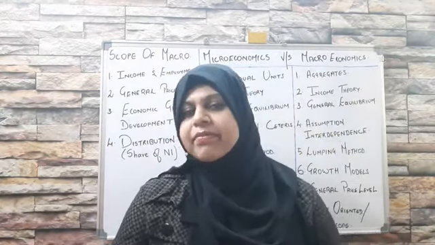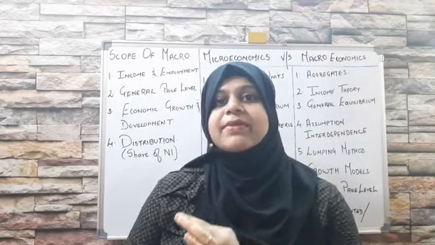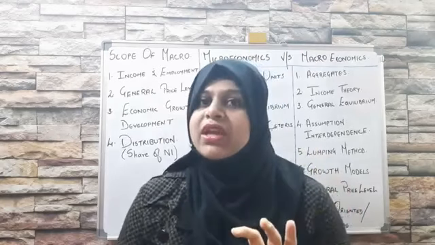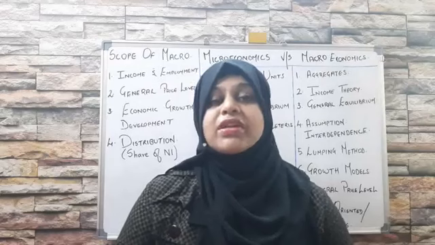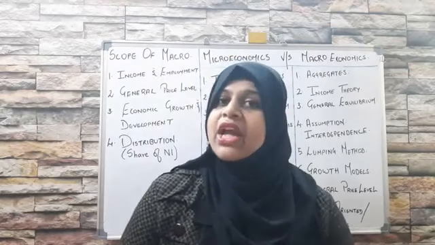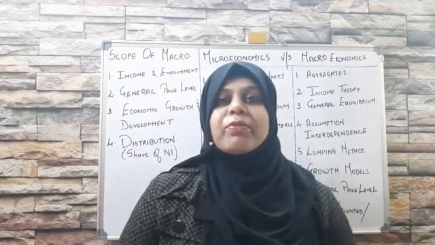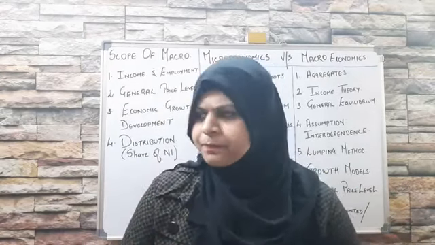I hope you remember this. The GDP is the gross domestic product. It is the indicator of your economy. If the GDP is high, you get to know your economy is growing, it is developing. When your GDP is falling, you get to know that your economy is falling, it is not growing at all.